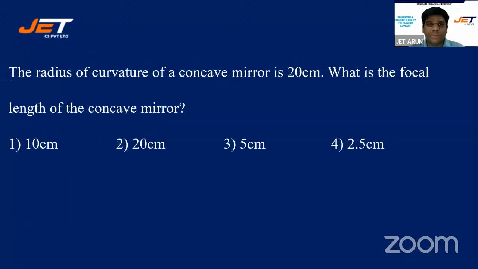Here's the next question. The radius of curvature of the concave mirror is 20. What is the focal length of the mirror? 10, 25, 2.5. F is equal to R by 2, or R is equal to 2F.